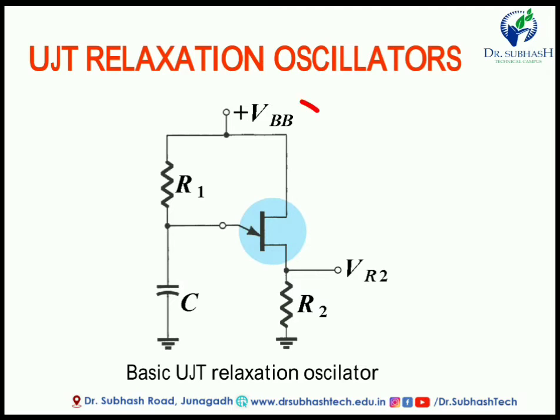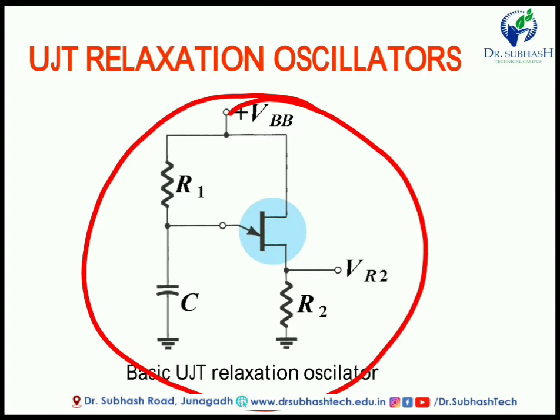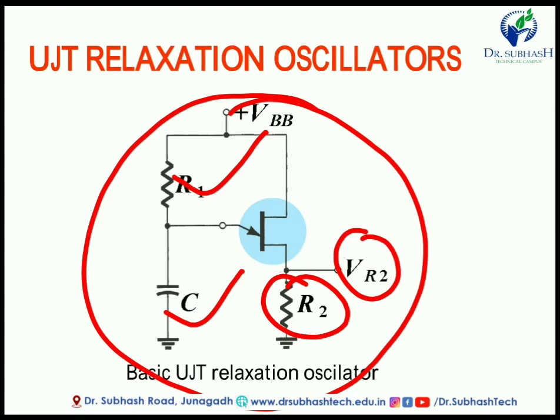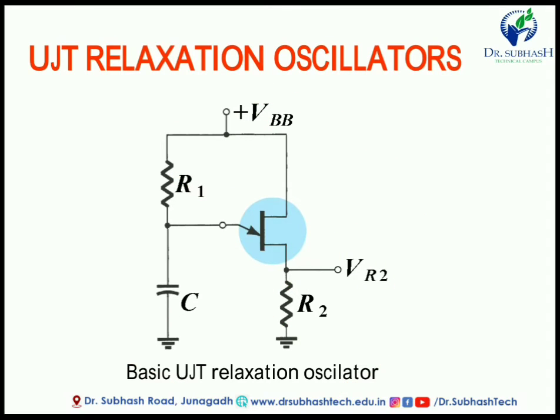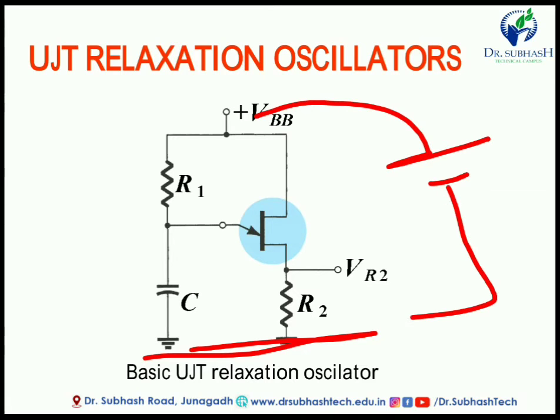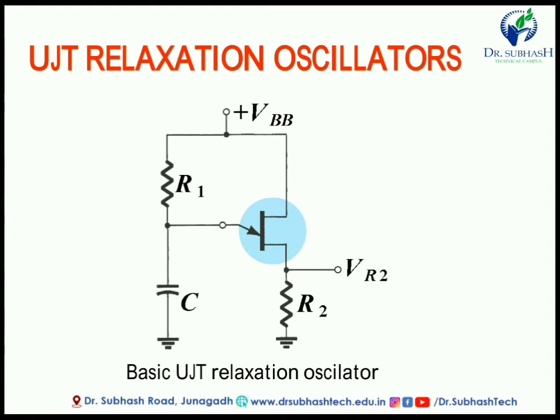Now, this is the basic circuit of the relaxation oscillator. Here R1 and C, this capacitor, are most important. This R2 is the biasing resistor, and this is the output voltage, this is our input voltage. Here plus VBB, and this ground is connected to the minus VBB, means this type of supply is there. So we can directly ground it.